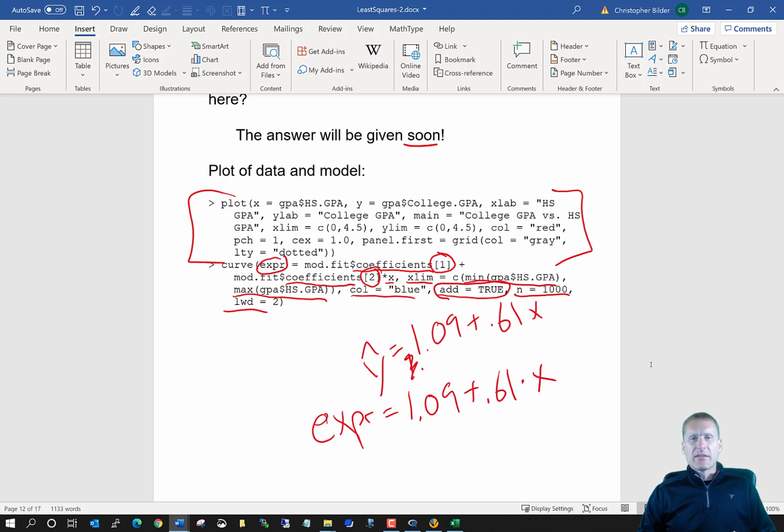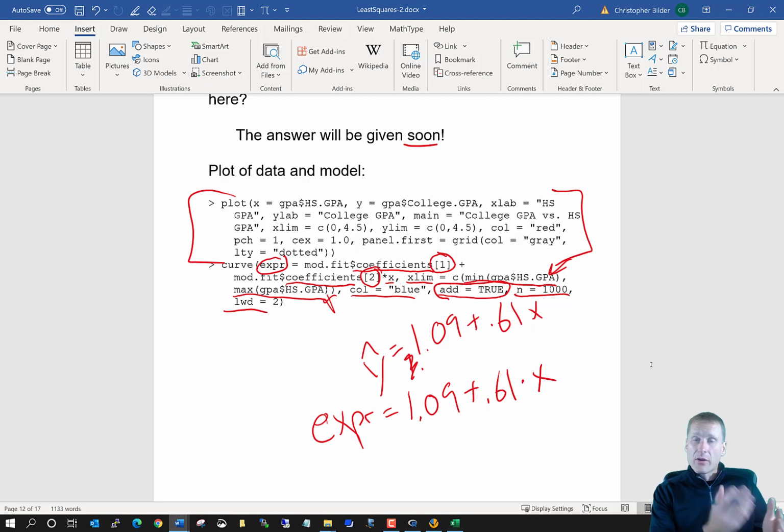And what that tells R to do is find 1,000 equally spaced points from this minimum high school GPA to the maximum high school GPA. 1,000 different x values, equally spaced. Put them into this equation that's in the expr argument, find what the corresponding result is, and then plot it.